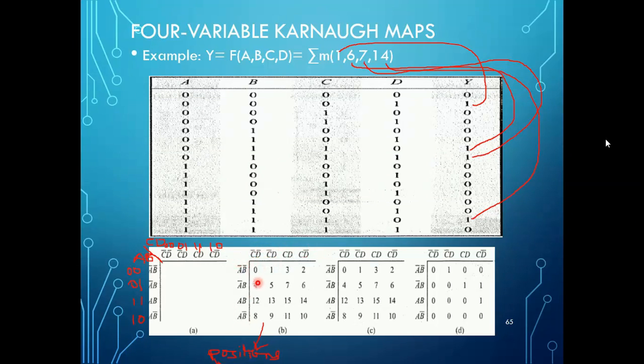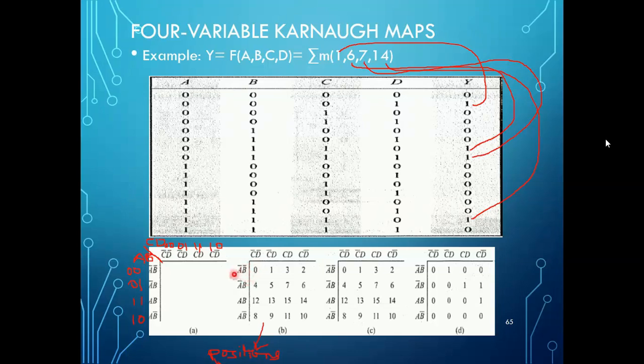During that time you can see the min terms here: 0, 1, second min term, third, 4, 5, 6, 7, 8, 9, 10, 11, 12, 13, 14, 15. So this is slightly different from the previous slide. In the previous slide we had written different locations for min terms, but both are right.